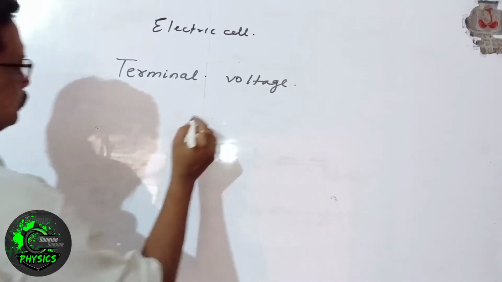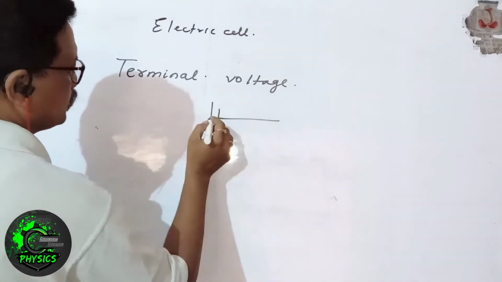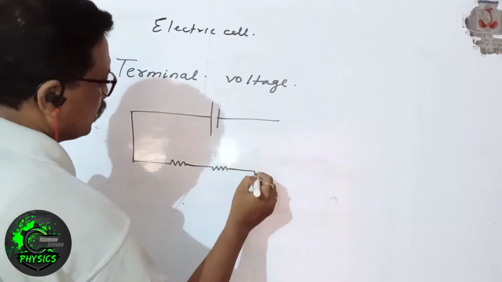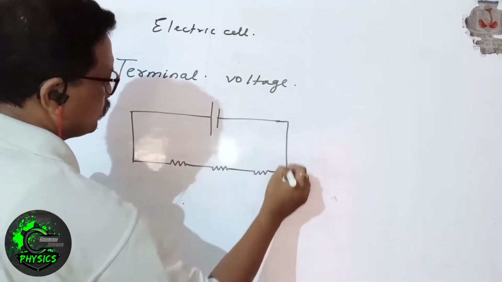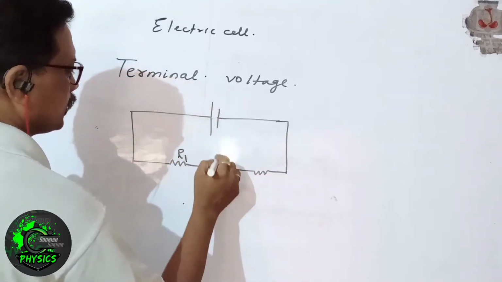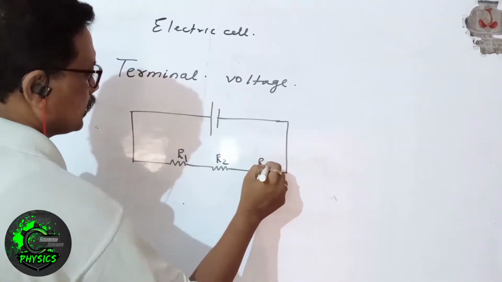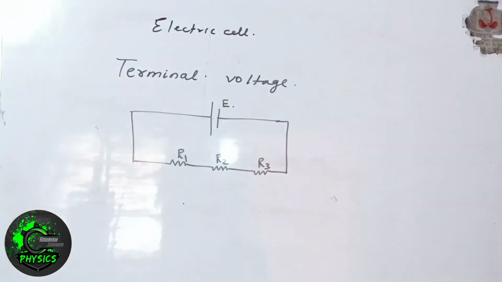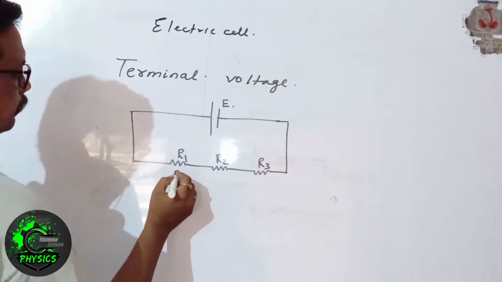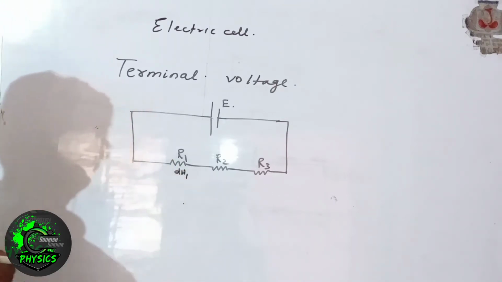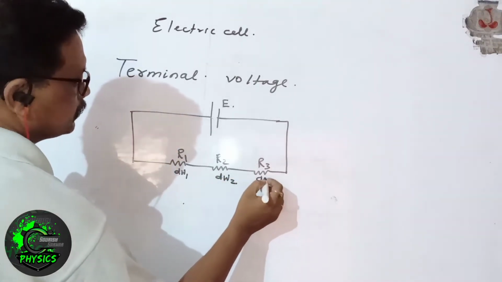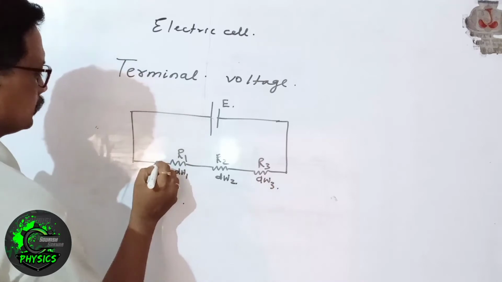Let us assume a cell is connected to three different resistors, say R1, R2 and R3. This is R1, this is R2, this is R3, connected to a cell of EMF E. Now let us assume the work required to overcome this resistance is dW1, this resistance dW2, this resistance dW3.